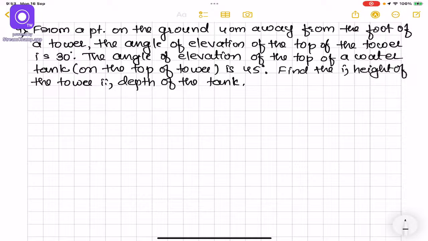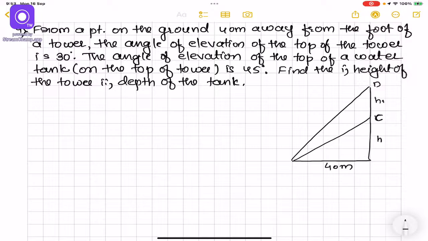So, here if I draw the diagram, it will be something like this, see. This is 40 meter. Let me give the name AB. And this is 30 degree.